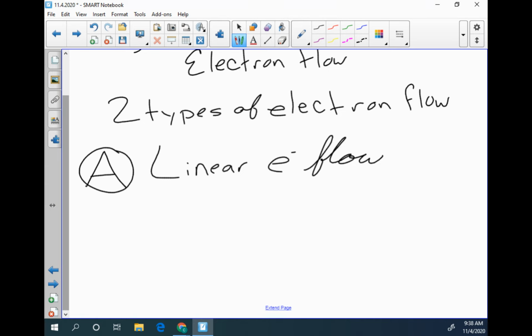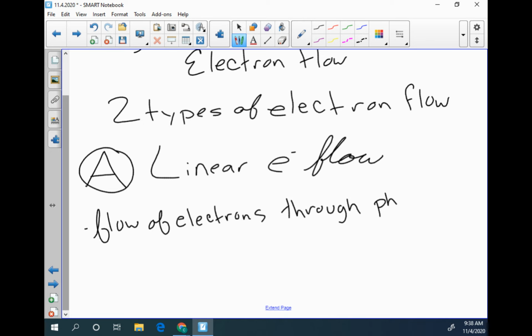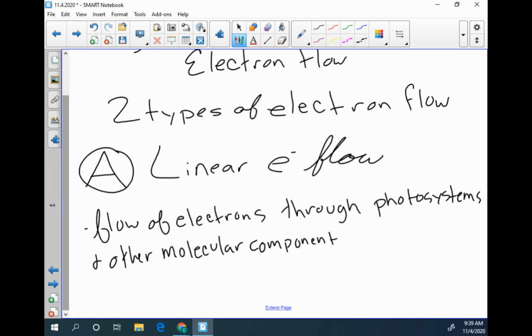It is the flow of electrons through photosystems and other molecular components, all of them that are built into the thylakoid membrane.